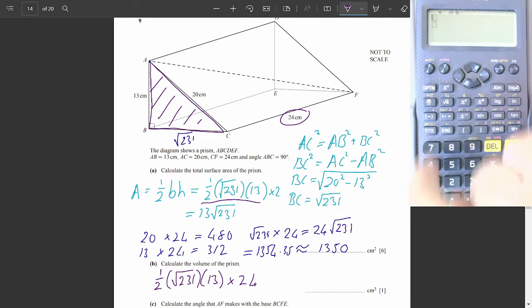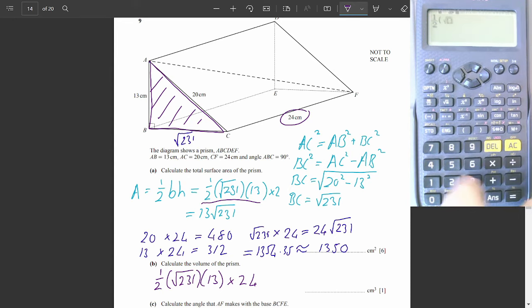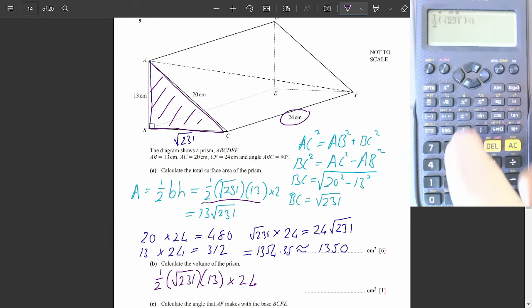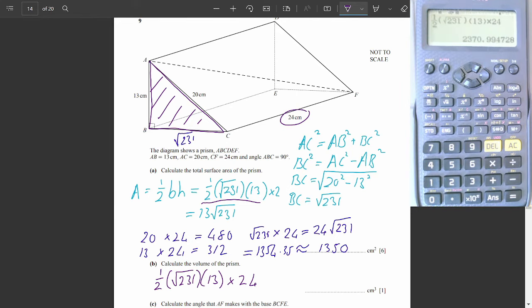So let's start from the beginning. 13 times 24, bam, we got the answer, 2370.99, etc., rounded to three significant figures, 2370.